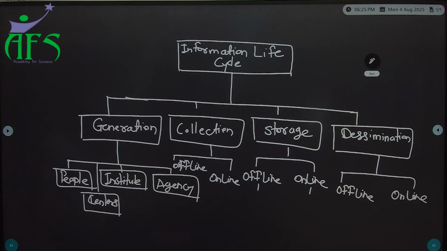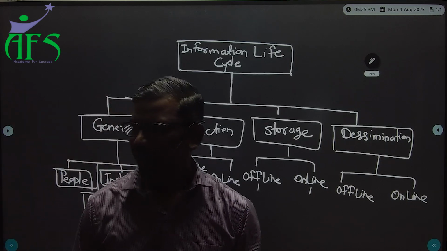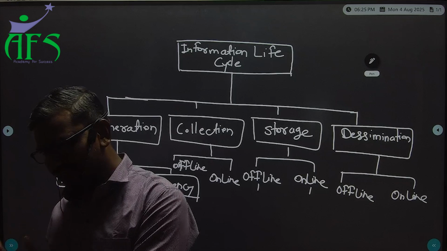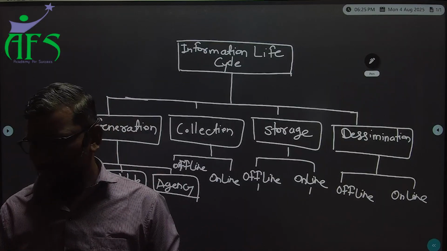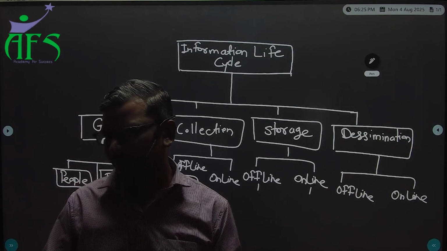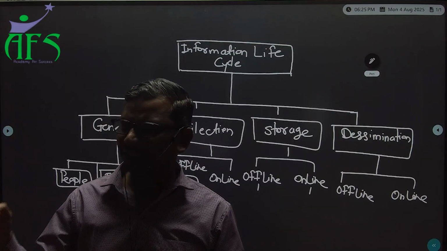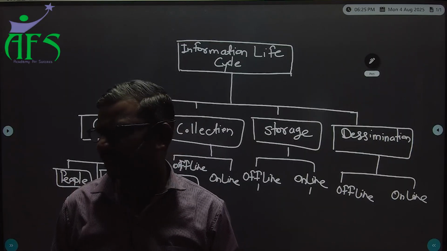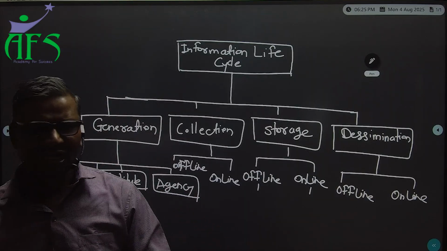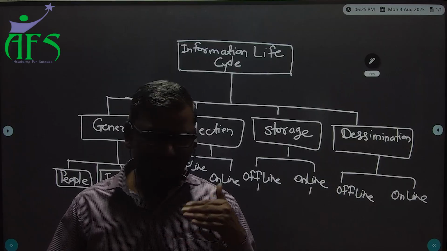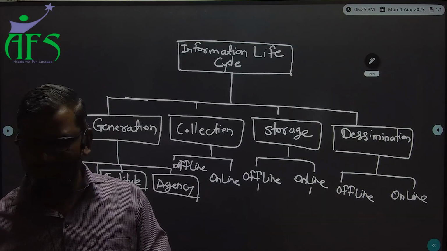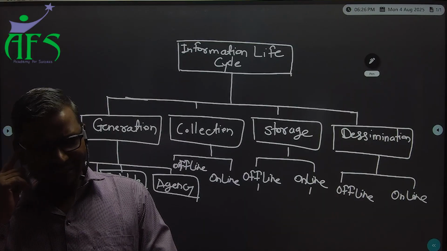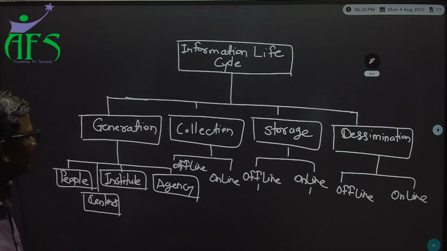So in this way this process is going on offline as well as online. That is why the complete process from first stage to last stage is called the information life cycle. After the information is generated, how it passes through which stages, and how it is utilized at the last stages, this complete process is called the information life cycle.